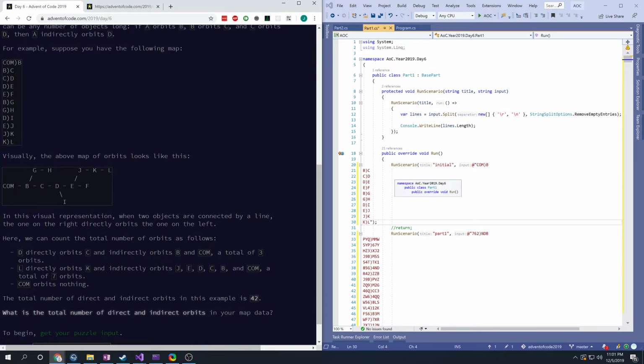Got it. We had one exactly like this last year. Direct and indirect orbit. Recent build. Okay.